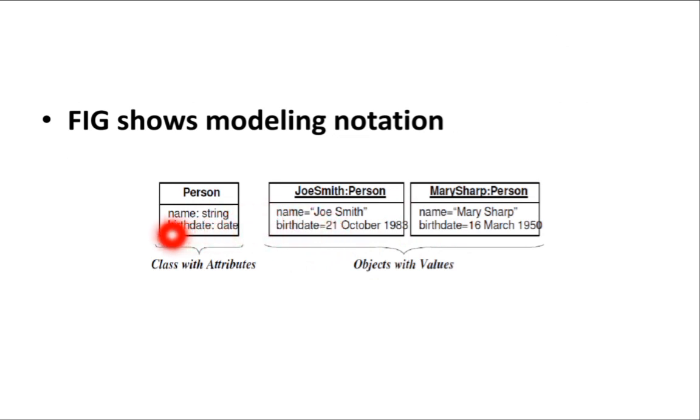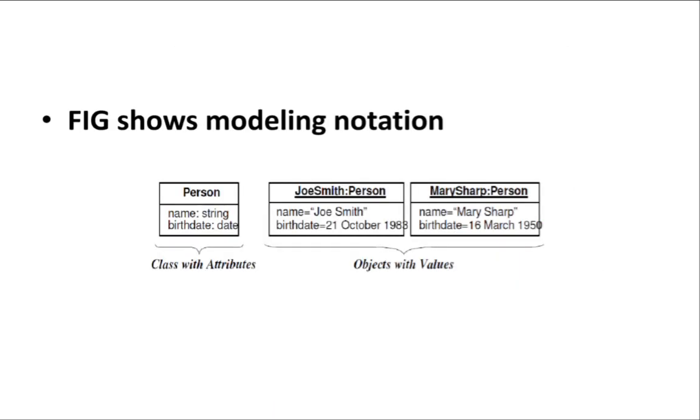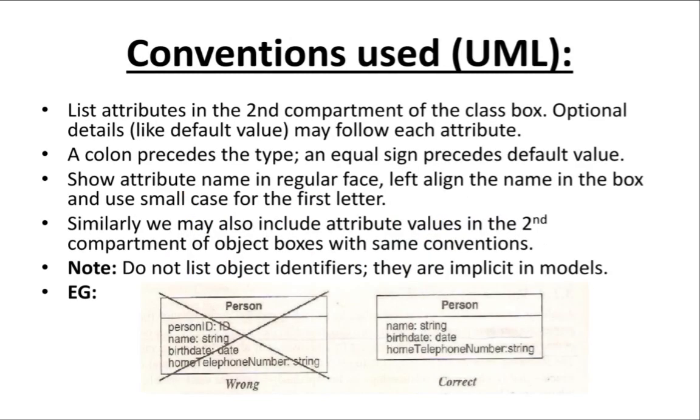You can observe that the class name starts with a capital letter, but the attribute name starts with a small letter. That is the UML notation. The first letter for the attribute is a small letter.